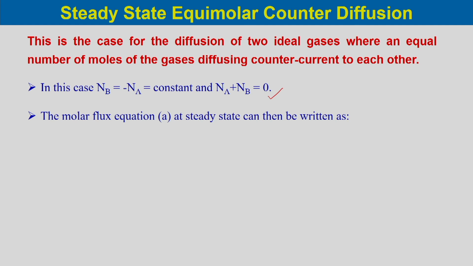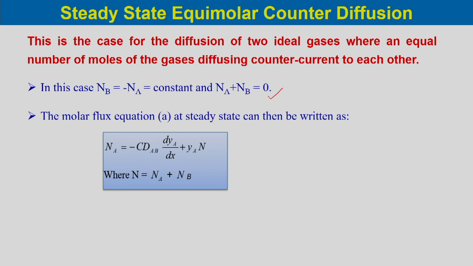Now, the molar flux in equation A at steady state can be written as, this is equation 1, N_A equals minus C D_AB dy_A/dx plus y_A N, and N_A plus N_B is equal to N, which is 0.